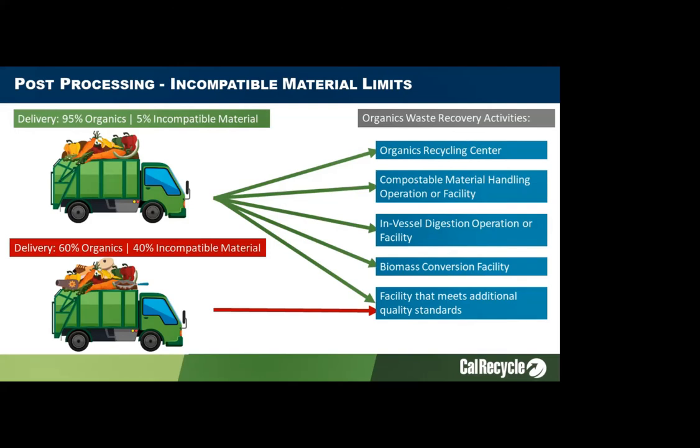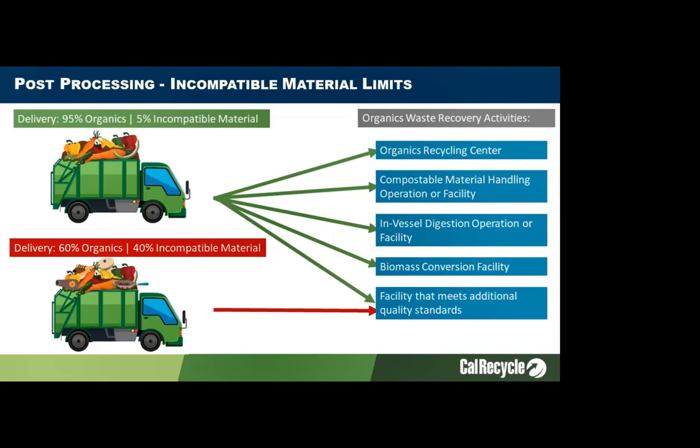Organic waste recovery activities are activities that divert organic waste from disposal to constitute a reduction of landfill disposal. Since this truck has 95% organic waste and 5% incompatible material, it can be sent to any organic waste recovery activity. Whereas this truck is 60-40, 60% organic waste and 40% incompatible material.